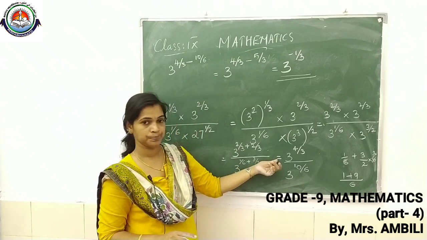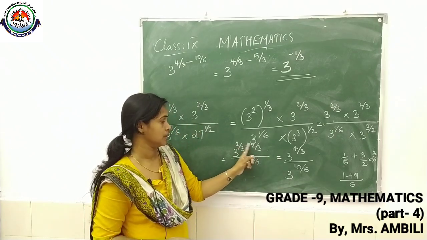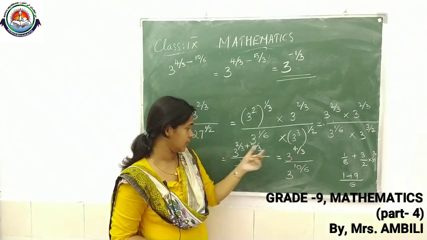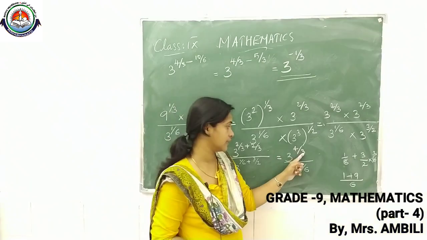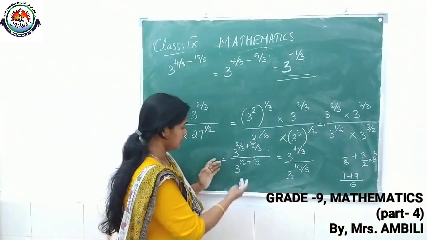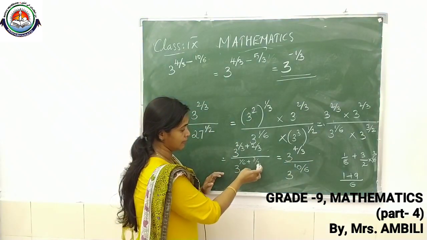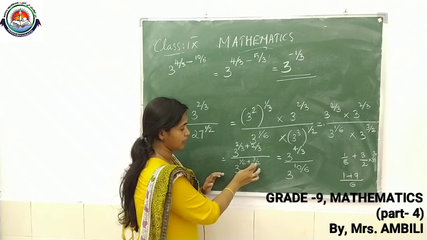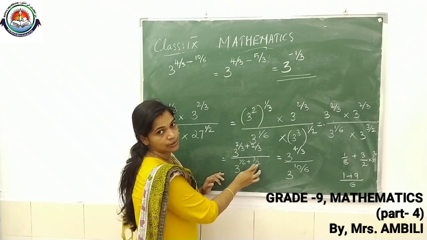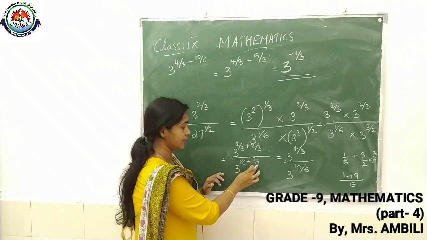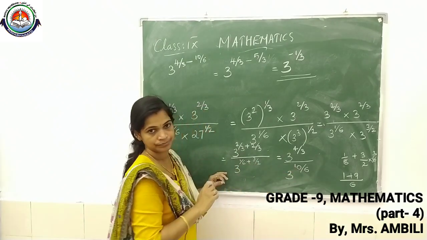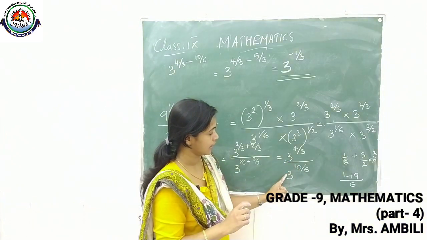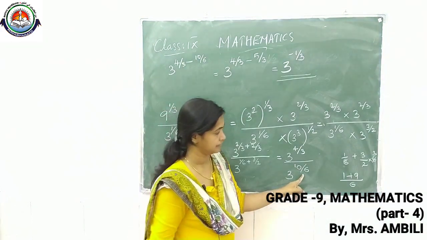That is equal to, add this, 2 by 3 plus 2 by 3 equal to 4 by 3. This 3 raised to 4 by 3 divided by 3 raised to 1 by 6 plus 3 by 2. Add 1 by 6 plus 3 by 2. So, here the denominators are different, 6 and 2. Take the LCM, then we will get 10 by 6. Okay, then 3 raised to 4 by 3 by 3 raised to 10 by 6.